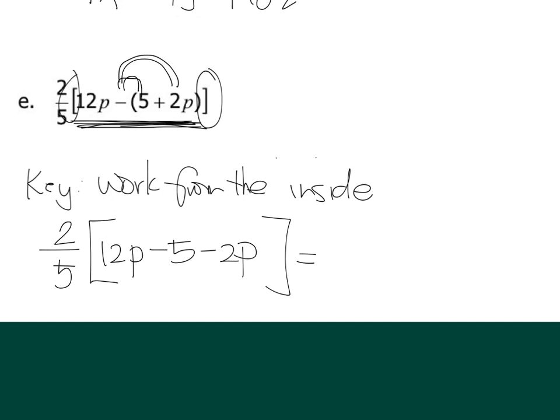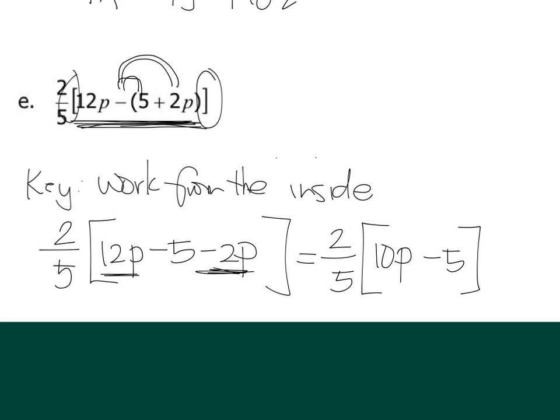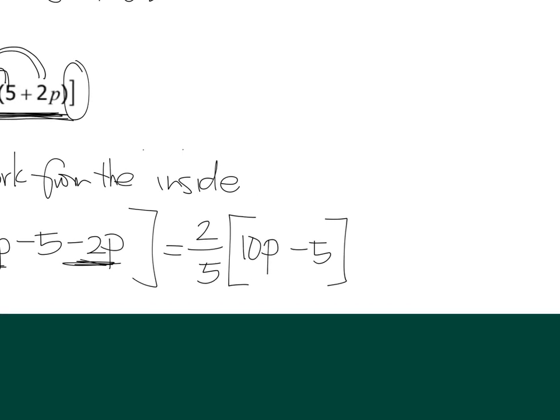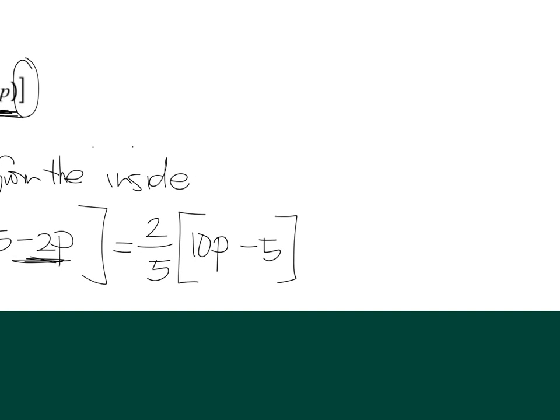Then when you do that, you will see that you could actually combine 12p minus 2p. So you still have 2/5, and then 12p minus 2p is 10p, and then minus 5. And then continue working on that. So 2/5 times (10p minus 5) means 2/5 of 10p, and then minus 2/5 of 5.